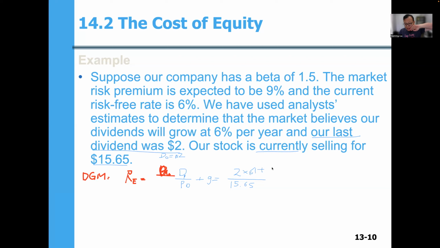Previously it's $2, but D1 will be a year after, so that will be 2 times 1 plus 6%, divided by the price, plus the growth rate.